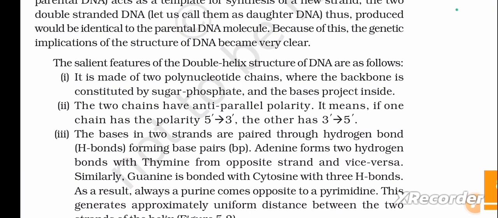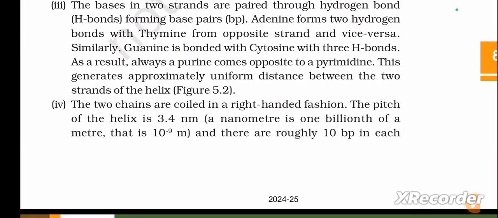The bases in two strands are paired through hydrogen bond, forming base pairs. Adenine forms two hydrogen bonds with thymine from opposite strand and vice versa. Similarly, guanine is bonded with cytosine with three hydrogen bonds. As a result, always a purine comes opposite to a pyrimidine. This generates approximately uniform distance between the two strands of the helix, figure 5.2.